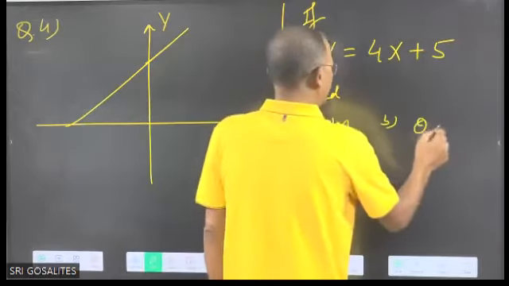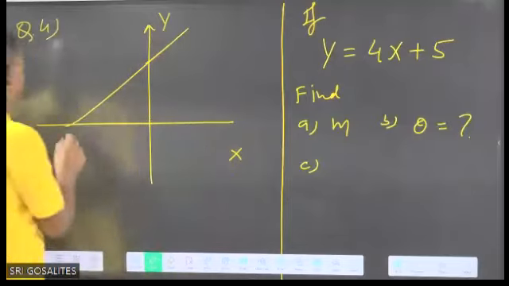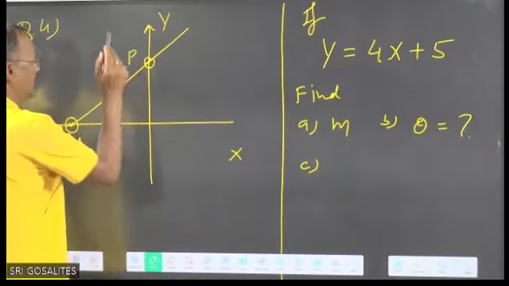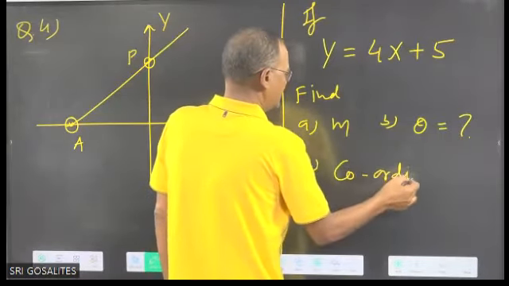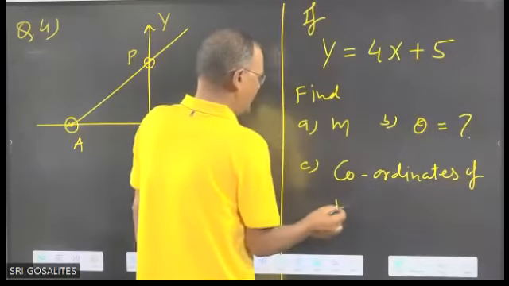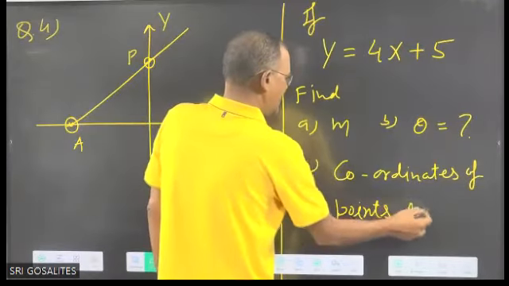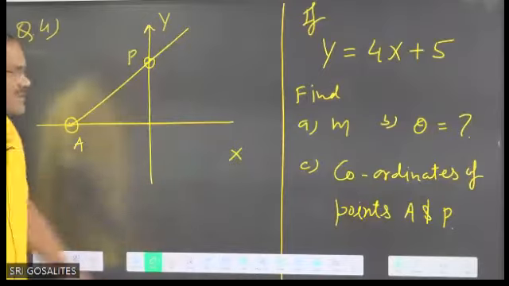B, what is the theta? C, the coordinates. This is like point A and this is like point P. So find the coordinates of points A and P. Solve it, please.